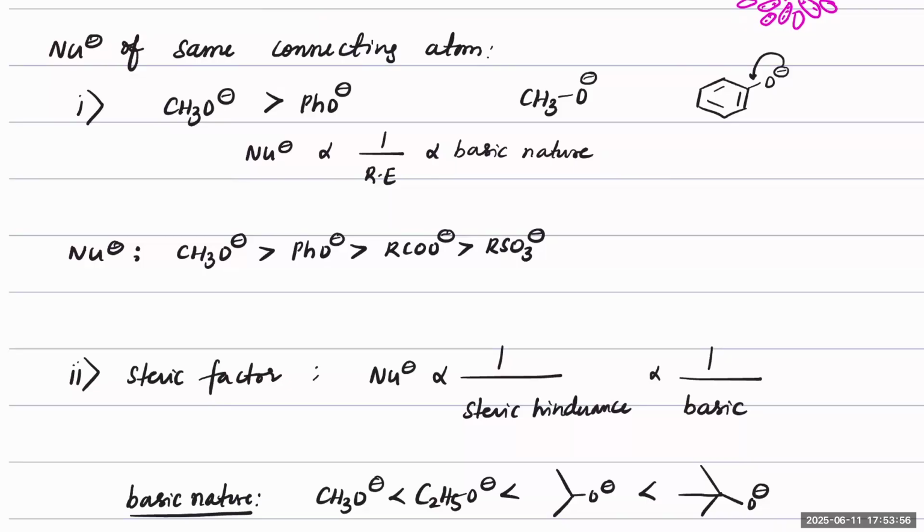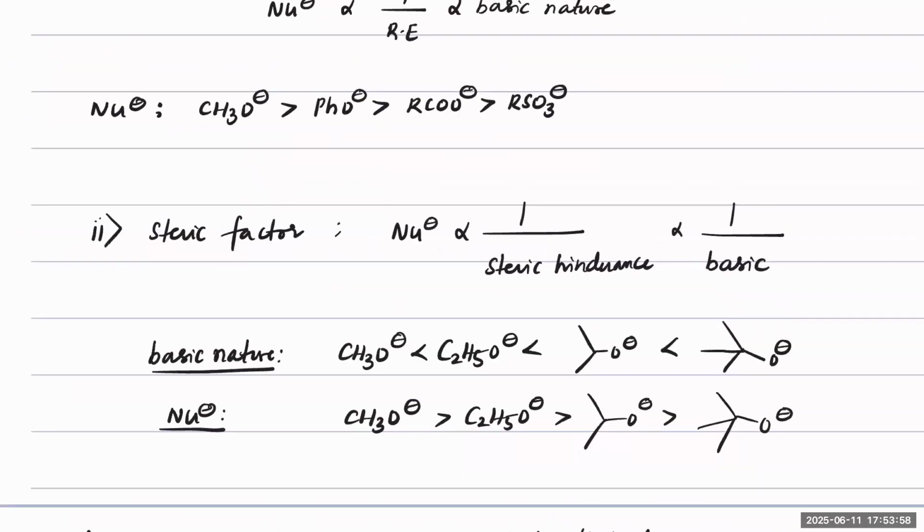Okay. Next, if you compare these oxygens here, they all are being derived from these acids. You know that CH3OH is an acid, PhOH is an acid, RCOOH is an acid, RSO3H is an acid.